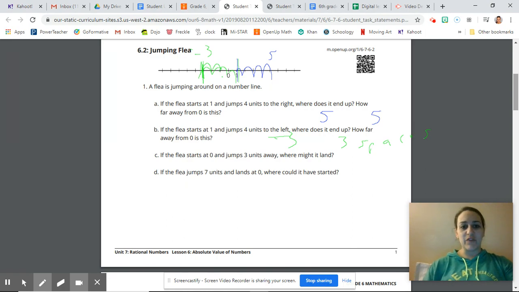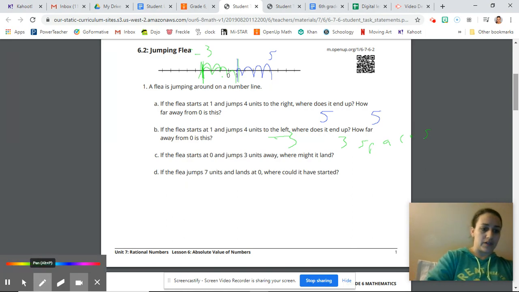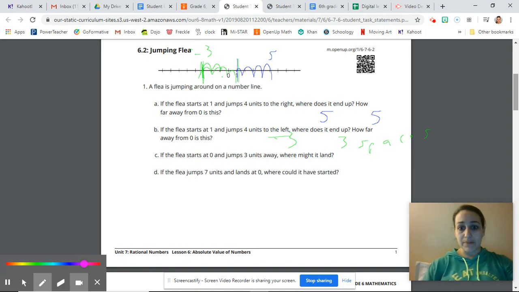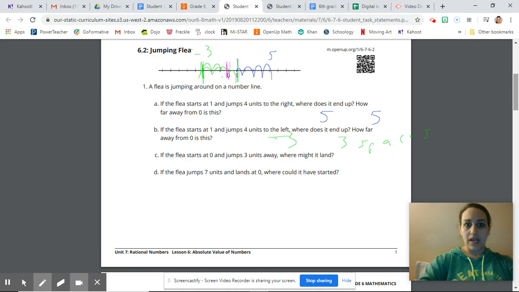Part C, if the flea starts at 0, all right, switching colors again, and jumps 3 units away, where might he end? Okay, notice it doesn't tell us left or right this time. So if I start at 0, and hop 3 spaces, 1, 2, 3, this way, I'm going to end up back at -3 again.